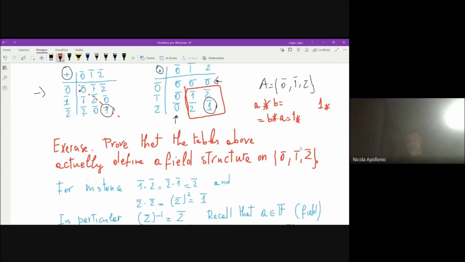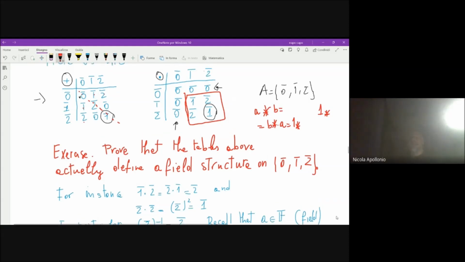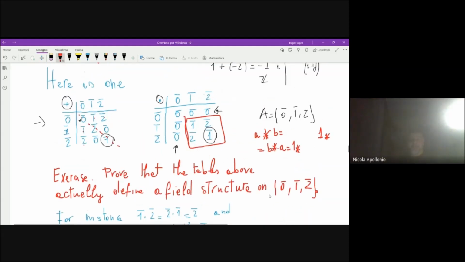Good. The addition is associative and commutative. This is the case in both cases. And each element which is not the neutral element of the addition has an inverse.